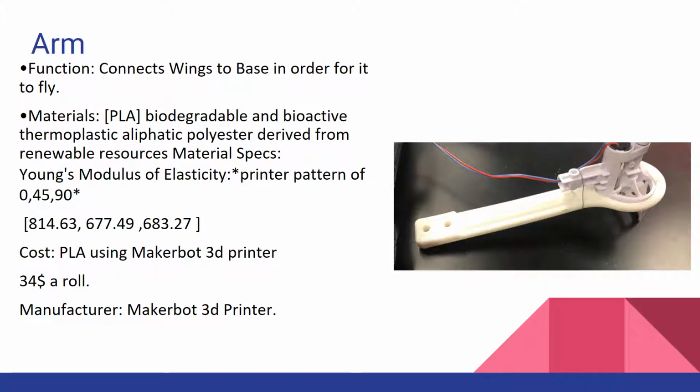Now going on to the second part, which is the arm, which is connected to the wing and also to the base. Later we'll see how it can also move into different sections just so we can get it to maneuver in different ways. The material for this one is actually PLA.